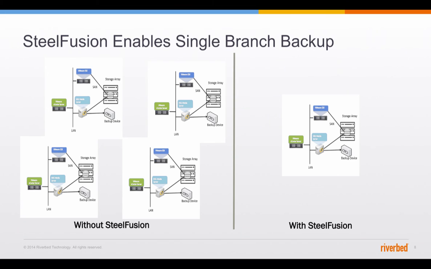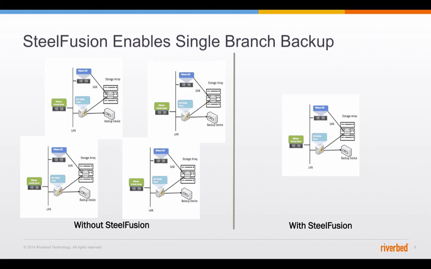Now, let's take a look at a comparison of backup with SteelFusion and without. As you can see here, I've run out of space on my slide with just 4 branches without SteelFusion. You also see that the backup infrastructure is close to identical.